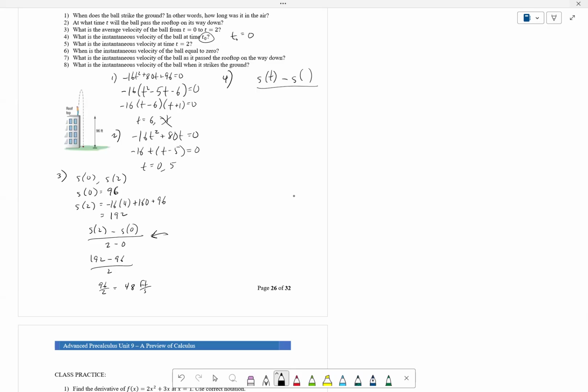S of t minus s of 2, my bad, over t minus 2. And what do I have to do to that? Take the limit as t goes to 2. Yes.